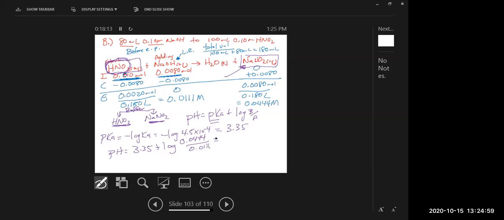And if we do that, we end up with a pH of 3.95 at this point. Question on that?